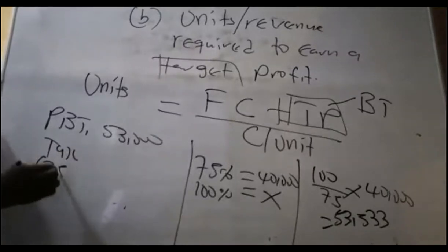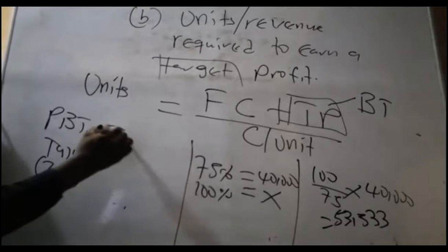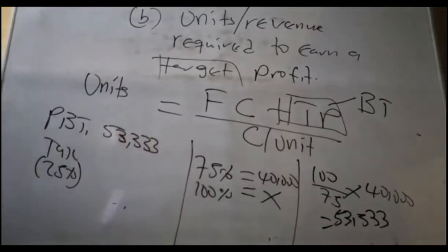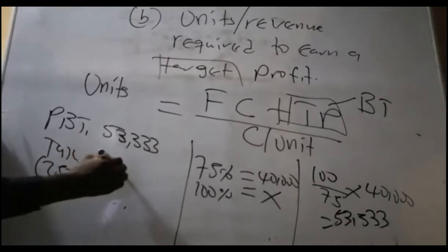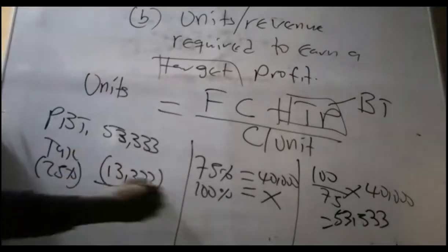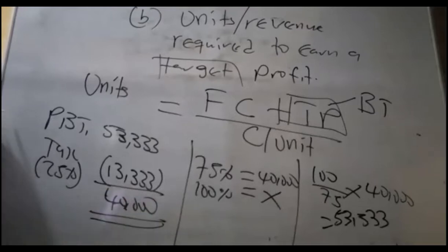Find 25% of this figure for me. That should give us 13,333. You take it off, profit after tax of what? 40,000. Confirmed, right? Perfect. Now let's go to the shortcut.